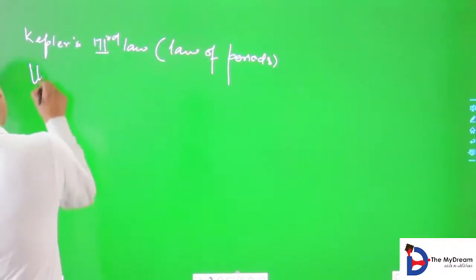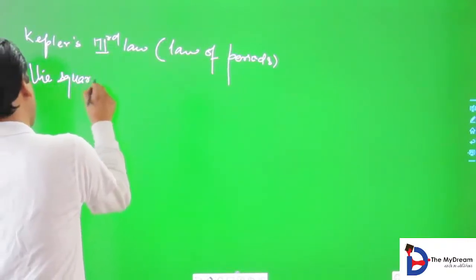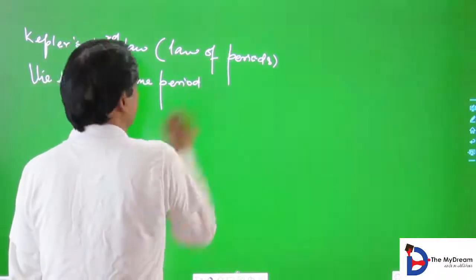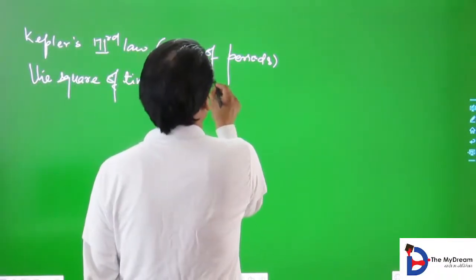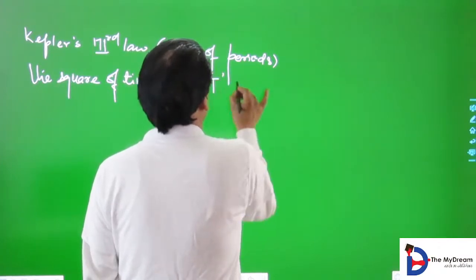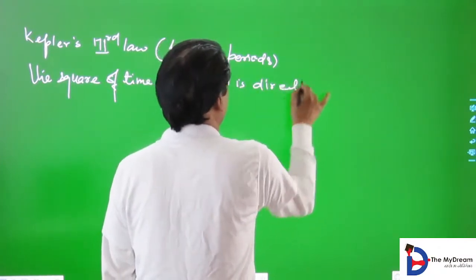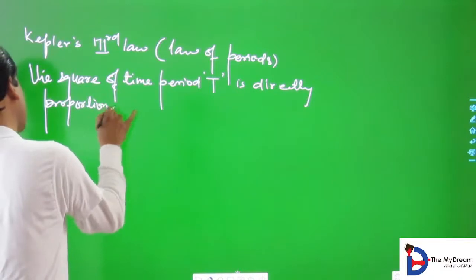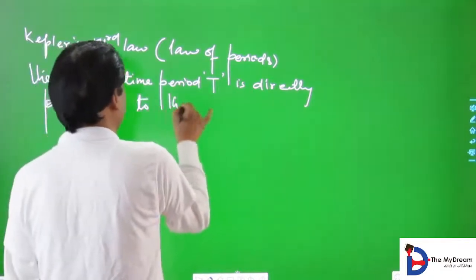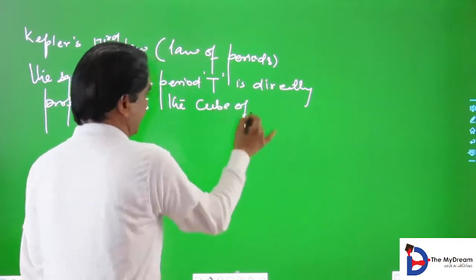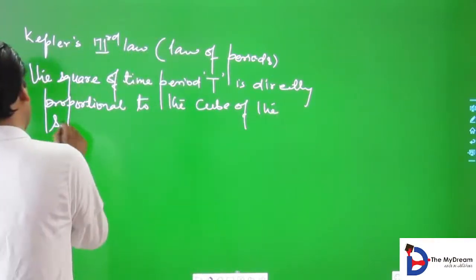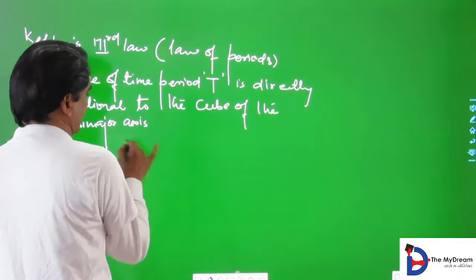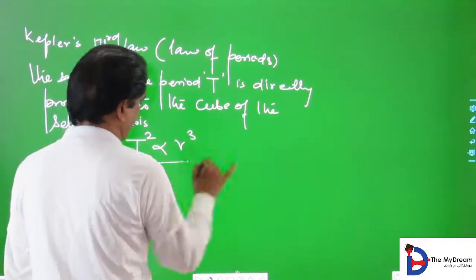This is the square of the time period, directly proportional to this.